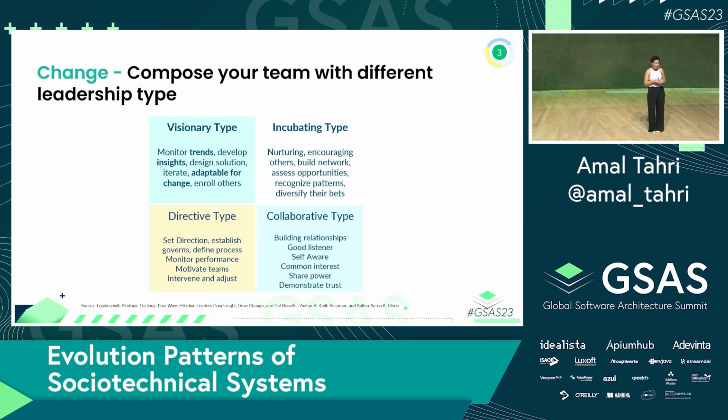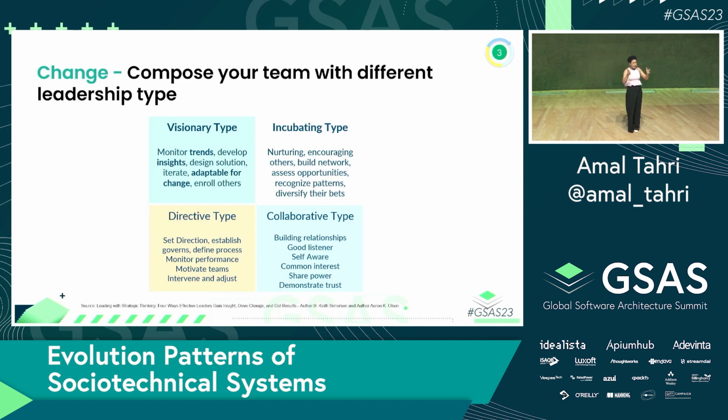We had another type that is the directive type, who was setting the direction, and when the group was having lots of fun but not focused, he would refocus the group: we have this planning, and we need to finish this by noon, because we're hungry, and of course there's not much time to do the work.